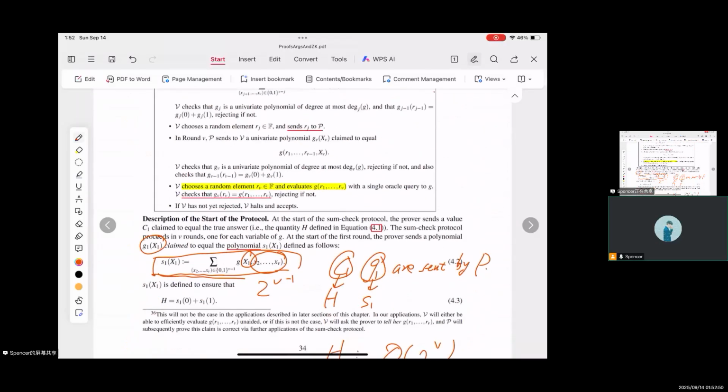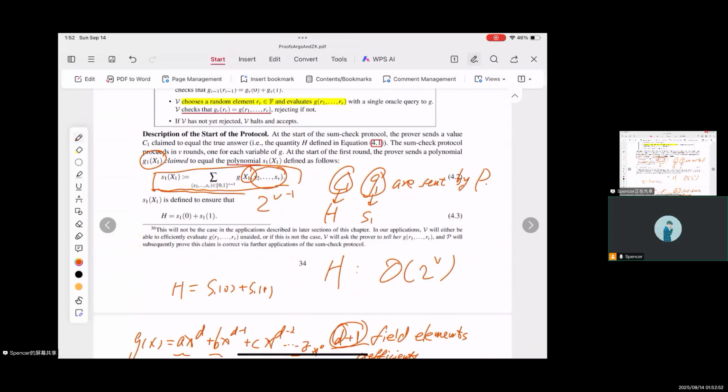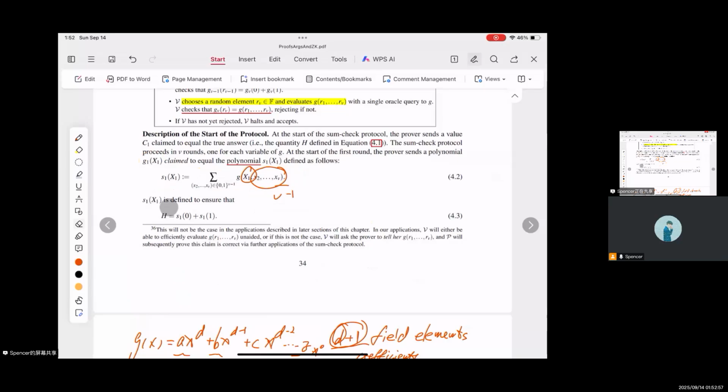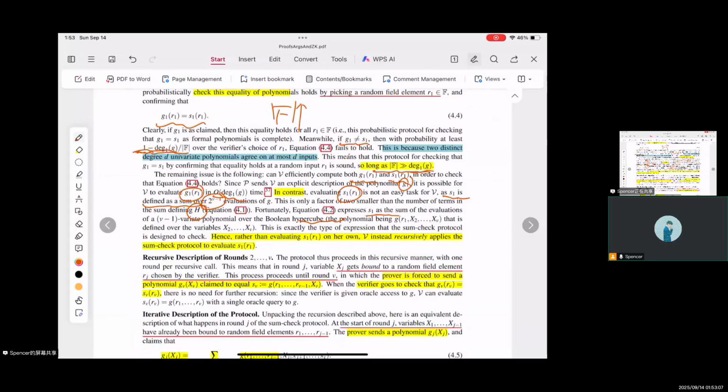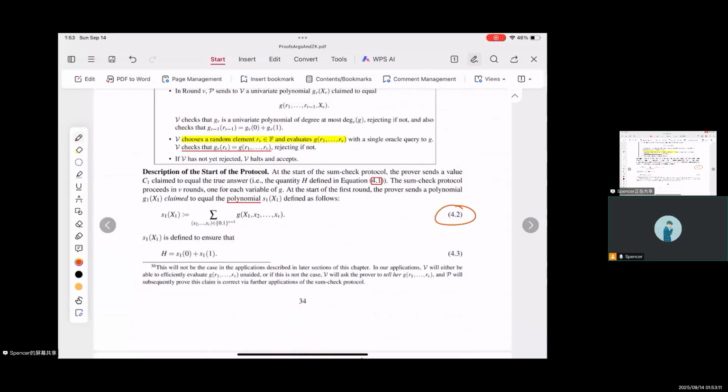Oh, where is 4.2? Okay, here. 4.2 is the definition of S1. It expresses S1 as a sum of the evaluations. So now we look at this S1 again.